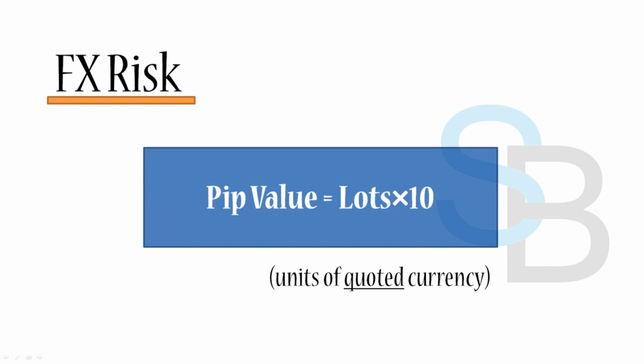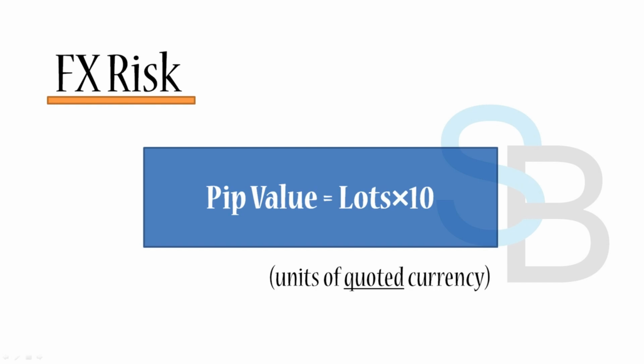So that's a very simple concept, and this is a very powerful formula for you to remember and to use in your trading. You can always very quickly look at the chart, look at the number of lots that a trader is currently in the market with, and you can very quickly say how much he's earning or losing at every single movement of the currency.